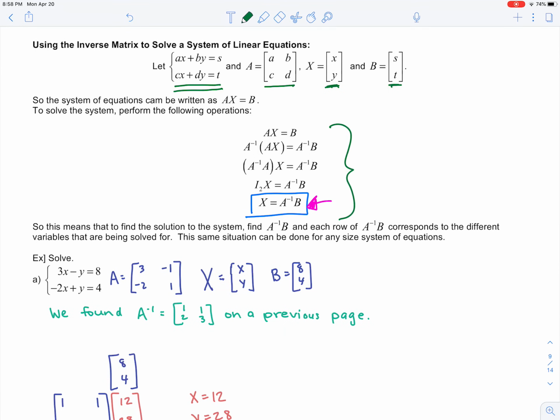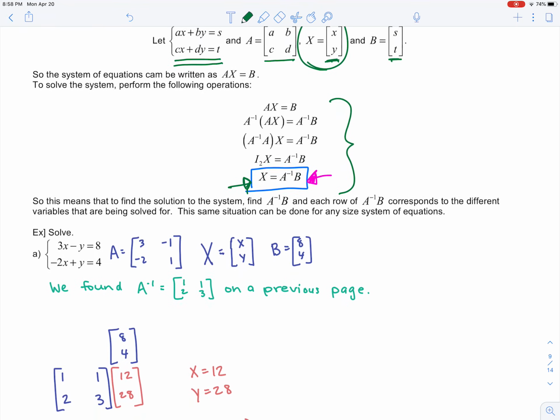And what this is showing us down here is a way to manipulate that to use A inverse to solve for x, this matrix here, which will give us the values of x and y. So the punchline is really the important part here. X will equal A inverse times B. So you need to find the inverse of A and then just multiply it by B, and that will actually solve the system of equations for you.